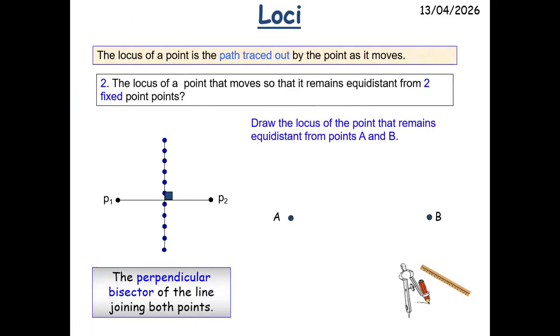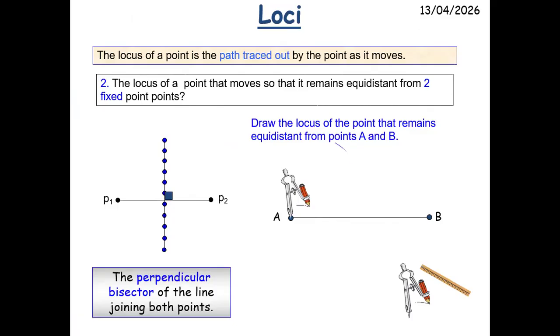Now look at this question. Draw the locus of the point that remains equidistant from point A and B. So we have our points A and B. Now you're going to take your compass, join both points with a straight line, A and B. Place compass at A, set over halfway, and draw two arcs.